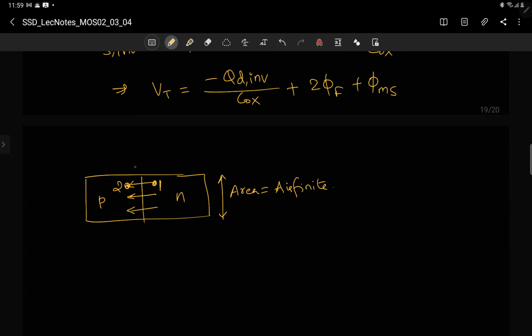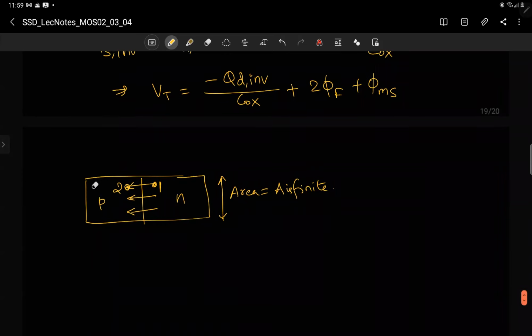This is what we talk about as the electron vacuum level. Vacuum level is the energy level just outside the semiconductor, or even a metal. Whatever crystal you have, there is a potential energy of electrons within that crystal, which is the conduction band.